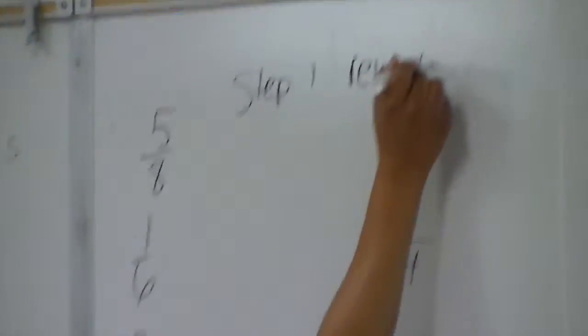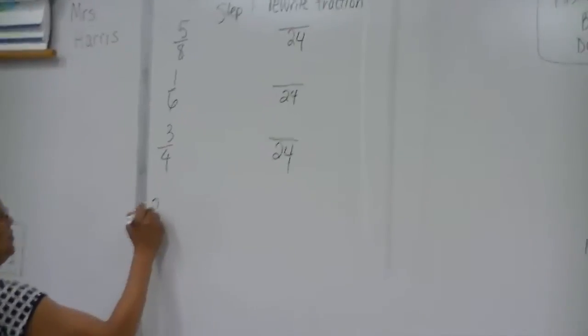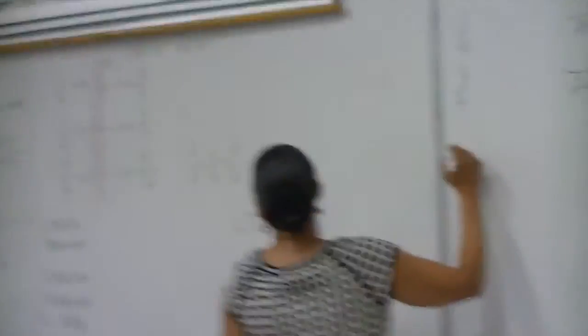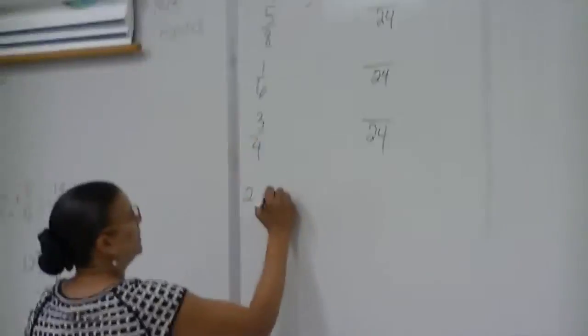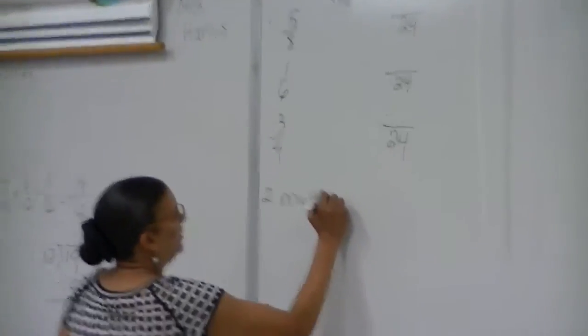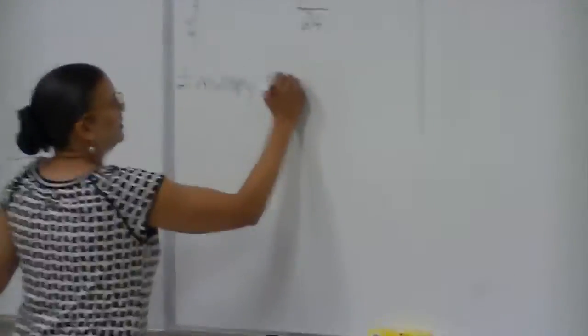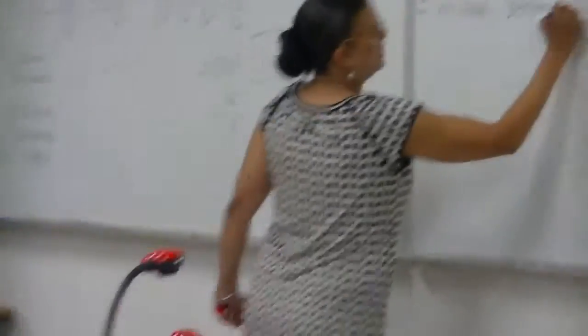Step 1 was rewrite. Step 2, common denominator, multiply the denominator.